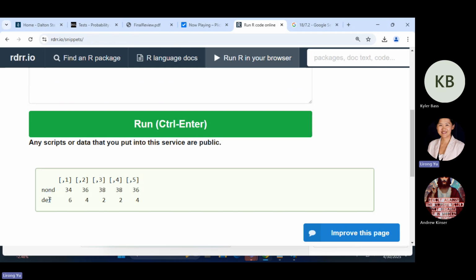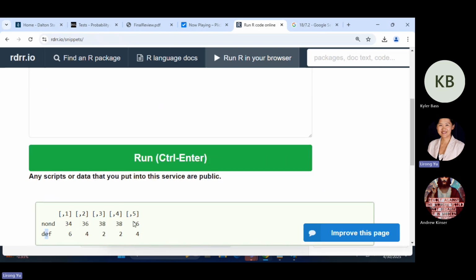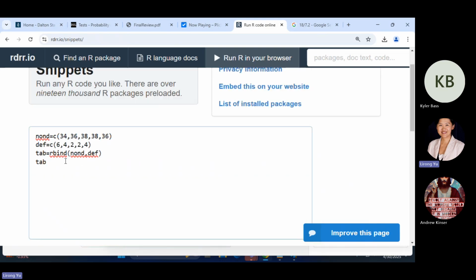And those are the row names. So this is a way to create a table that you can throw into the chi-square test.